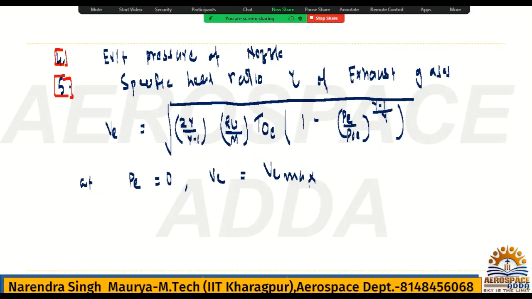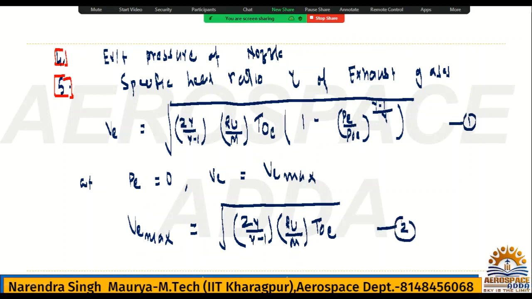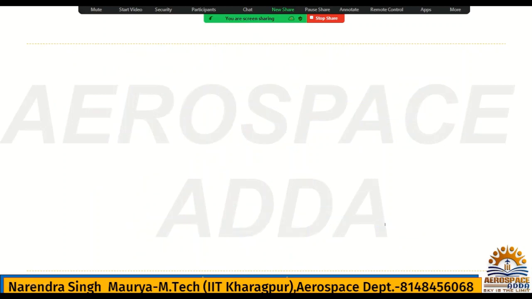Alright, so what will be the VE max value? It will be 2 gamma by gamma minus 1, Ru by M, into T naught E. This is equation 1 and this is equation 2. If you want to develop a relation between VE max and VE, then what you will do?